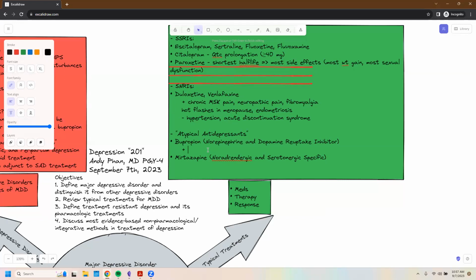So, ADHD, it has less sexual dysfunction and is also helpful in tobacco use disorder. Some good tidbits there.